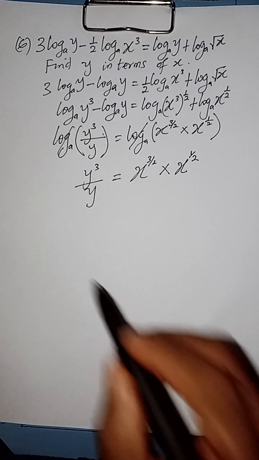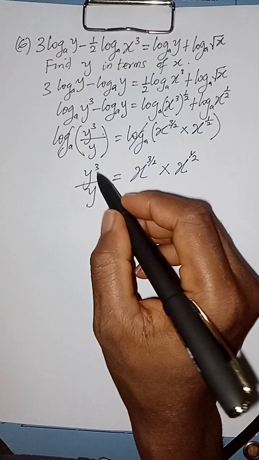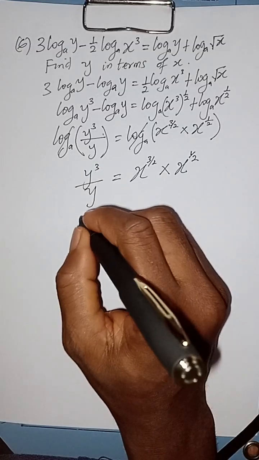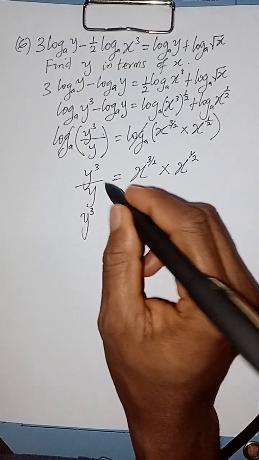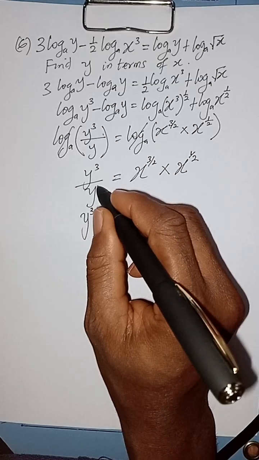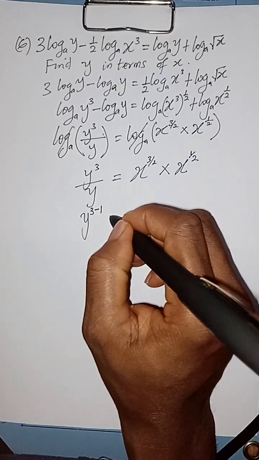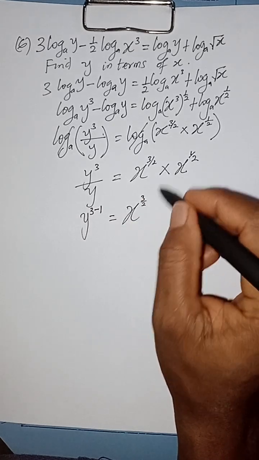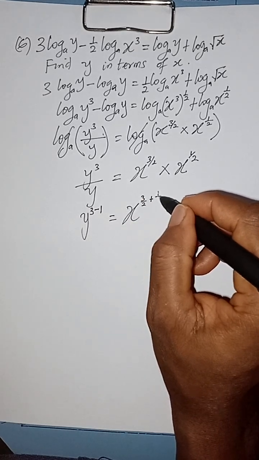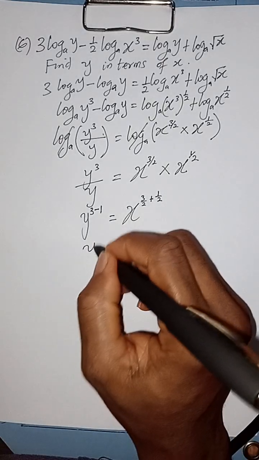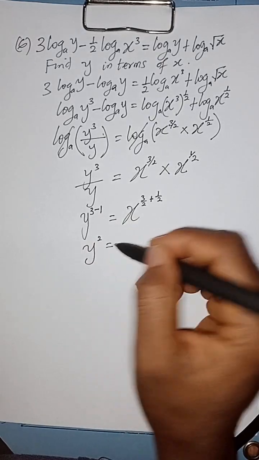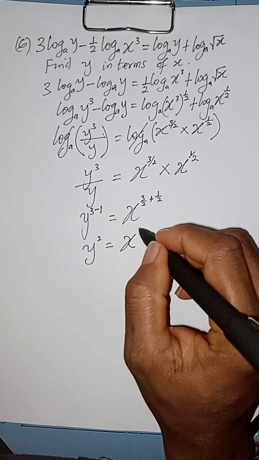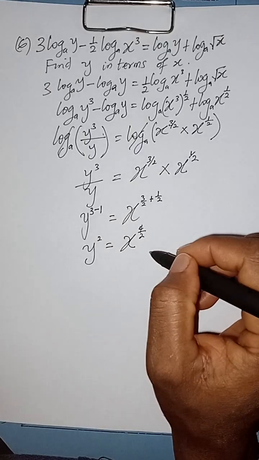So what do I do? Now let's simplify. This is y raised to power 3, division is minus in indices, the power here is 1, equal to x raised to power 3 over 2, multiplication is plus 1 over 2. So this is 2, equal to 4 over 2.